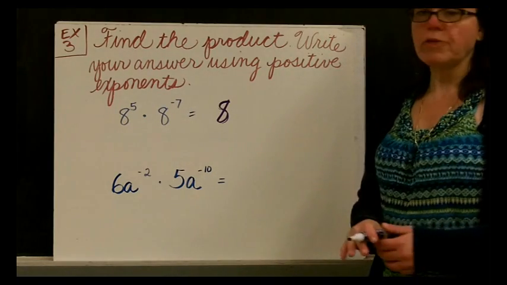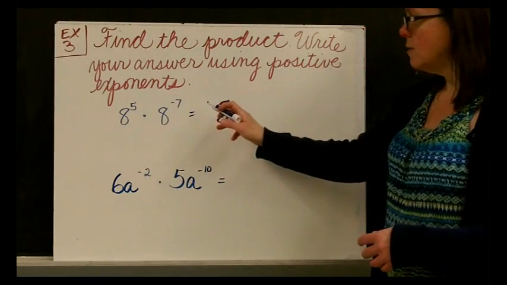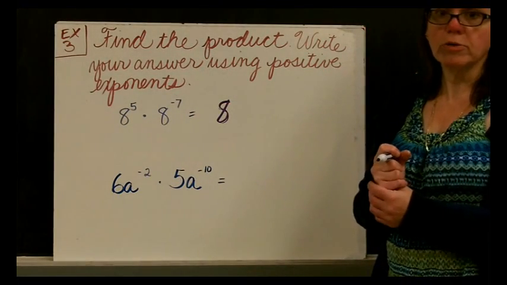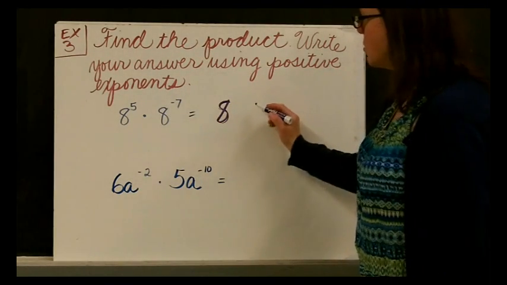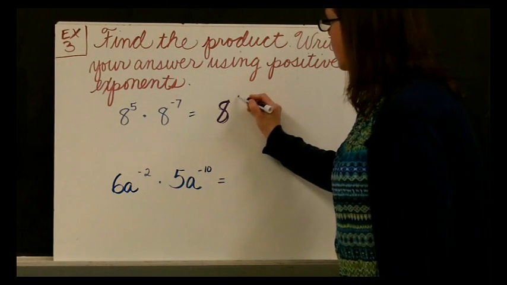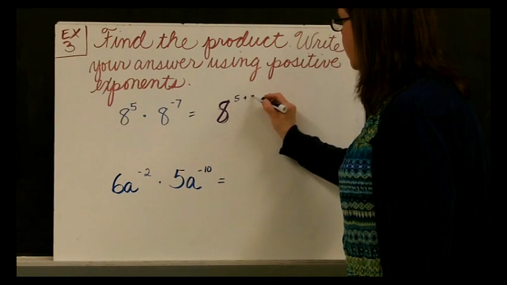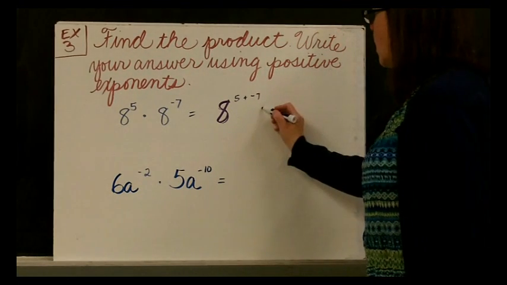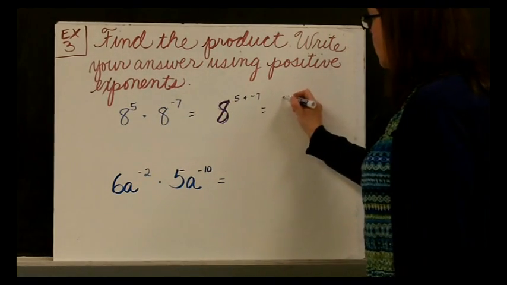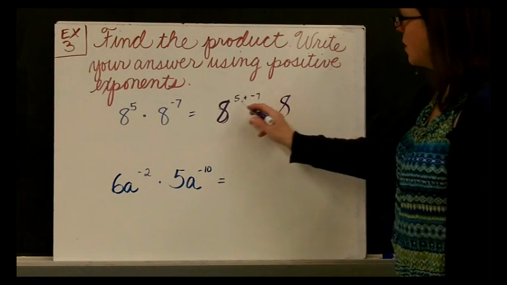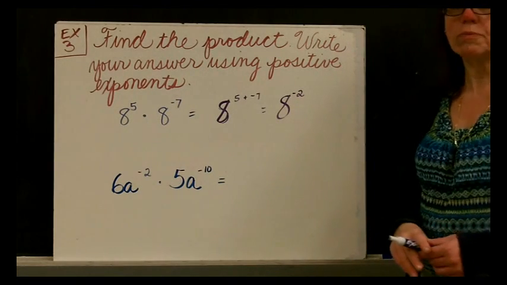And if you remember from the previous lesson, rules of exponents, when we are multiplying powers and the base numbers are the same, what we do is we add the exponents. So what this becomes is 8 to the 5th plus a negative 7. And when we simplify that, our base always stays the same. 5 and a negative 7 mean it's a negative 2.